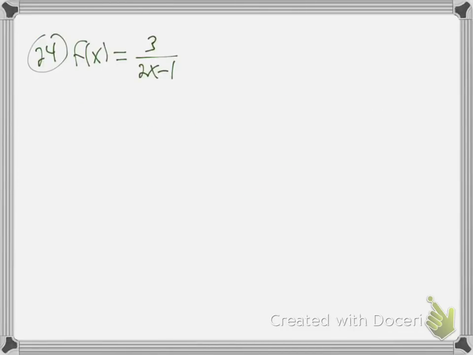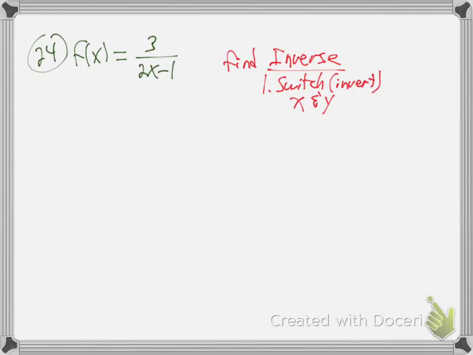Okay, so in number 24, they're asking me to find the inverse. Now, how do we find an inverse function? Well, there were two steps. Step 1, switch or invert x and y.